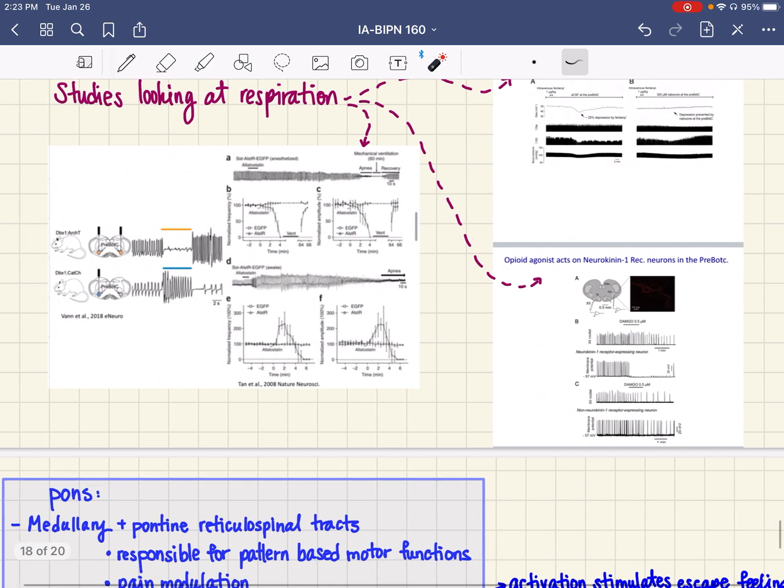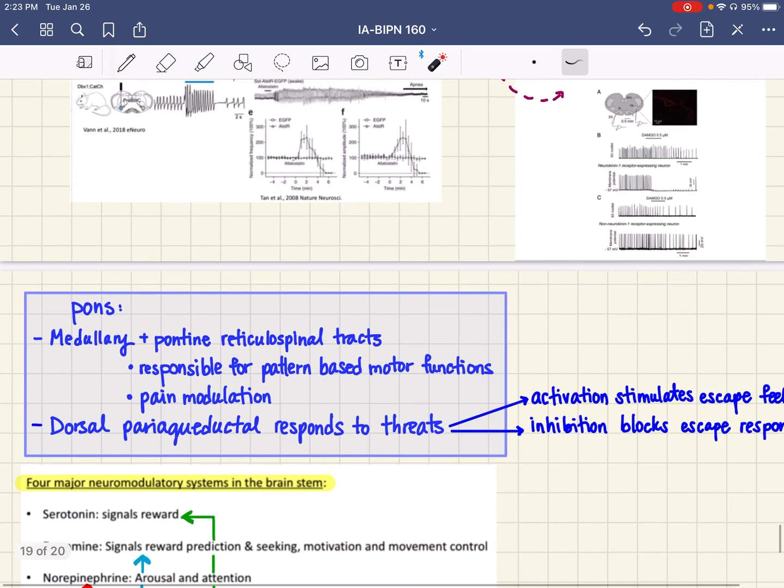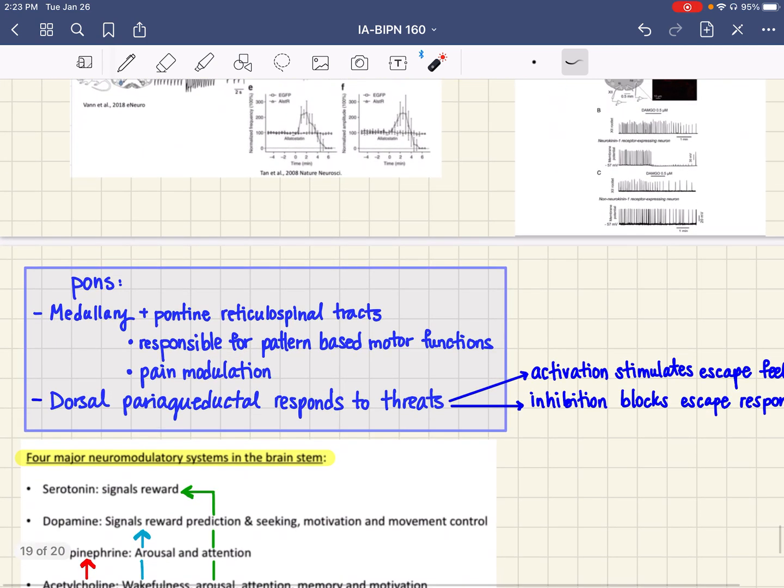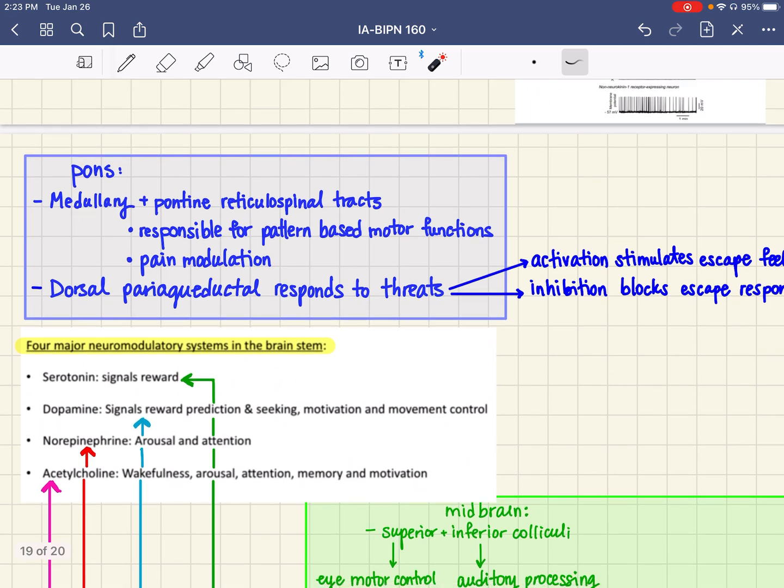Okay. Then the next topic that we talked about is the pons. There was really not much to discuss research-wise for pons, but some things for you to remember. So there are medullary and pontine reticulospinal tracts in the pons, and these are responsible for two functions.